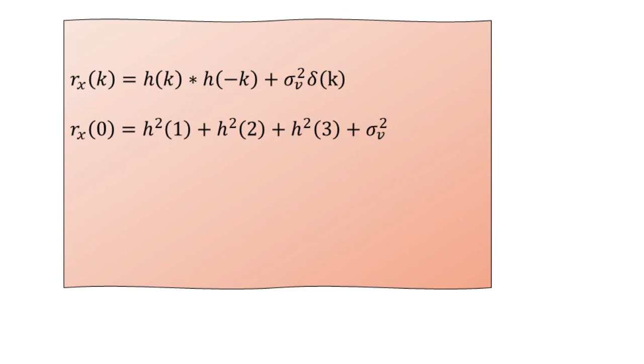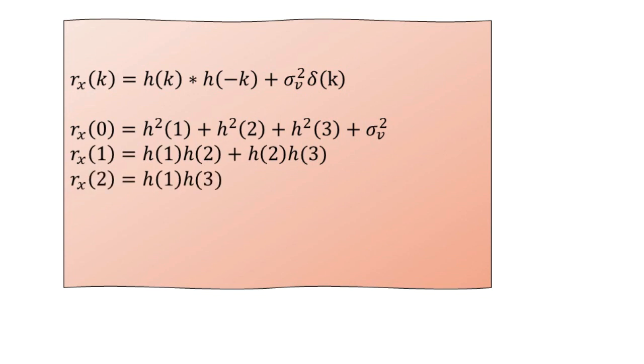Rx of 1 is equal to h of 1 into h of 2 added to h of 2 multiplied by h of 3. Rx of 2 is equal to h of 1 into h of 3, and Rx of k, the autocorrelation value, will be equal to 0 for all values of k greater than 2.